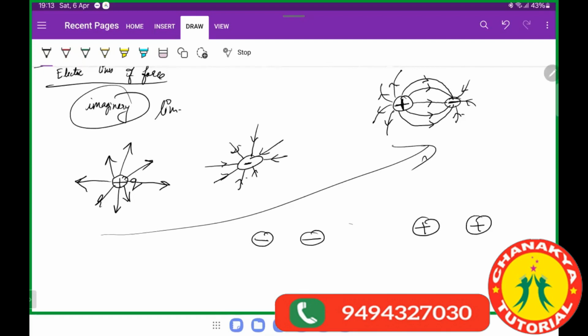For negative, inward, and for positive, outward. So they will be forming outward here. This is also outward. They will move here and repel. And this one is inward.